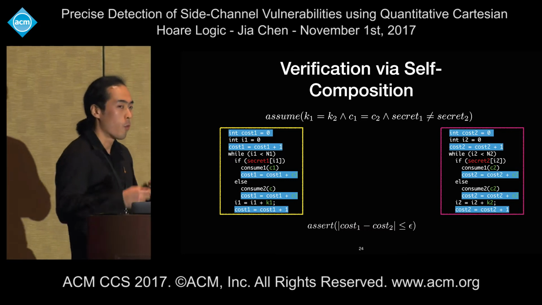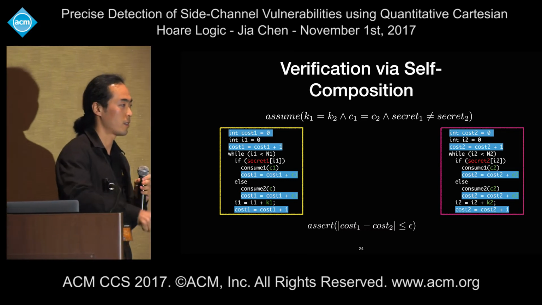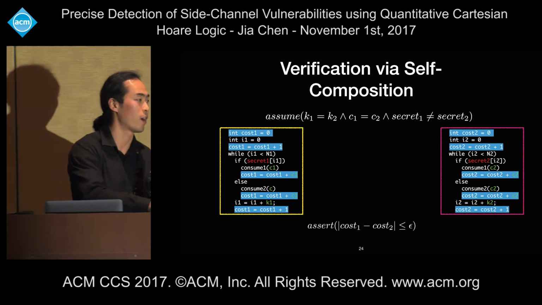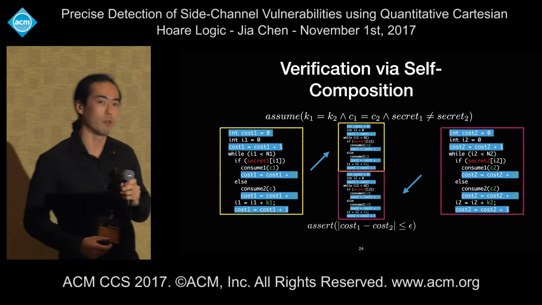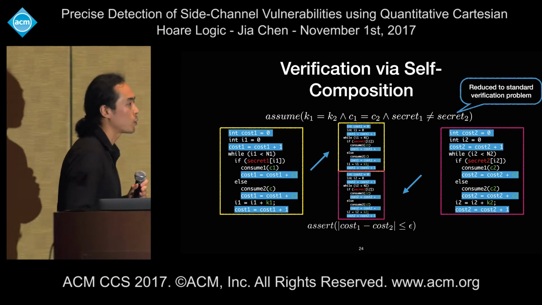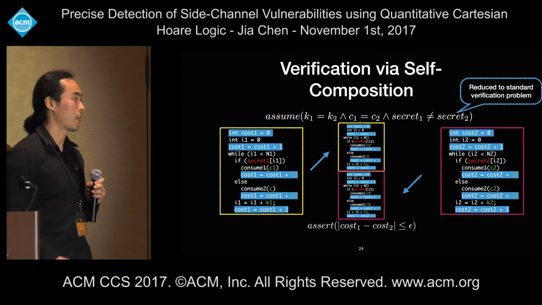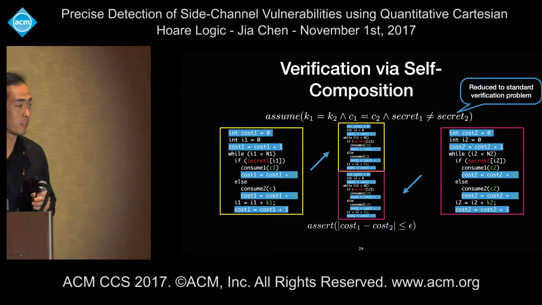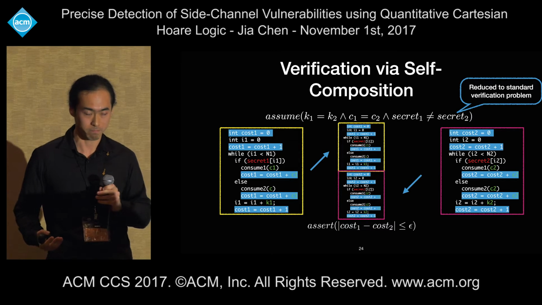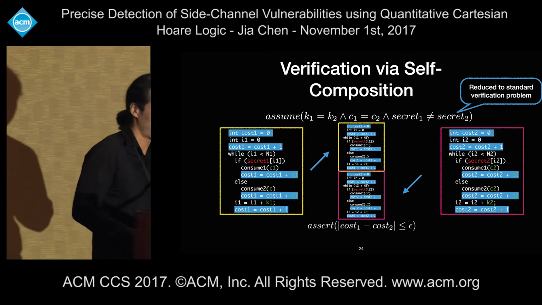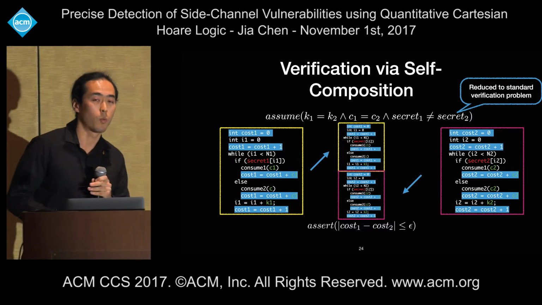And this new program works as if it runs the first execution first and followed by the next execution. Then we essentially reduce the problem of non-interference verification into a standard verification problem. We can just take the program, we take all those assertions, we throw them into the off-the-shelf verifier, and problem solved. However, we tried this first, and we realized that it does not work well in practice.